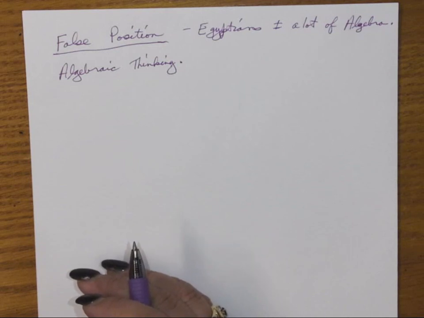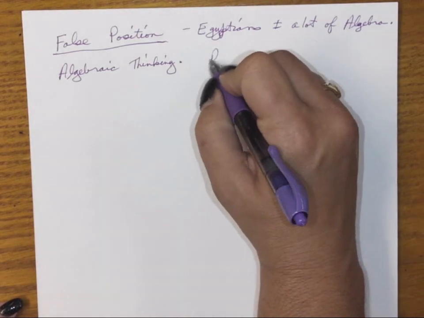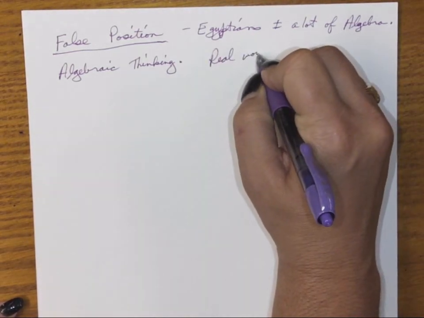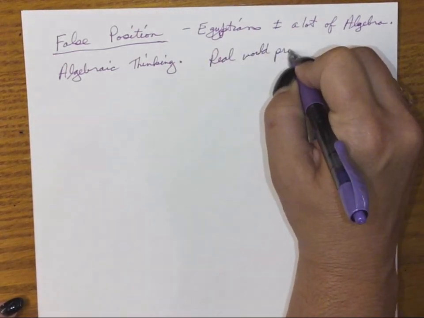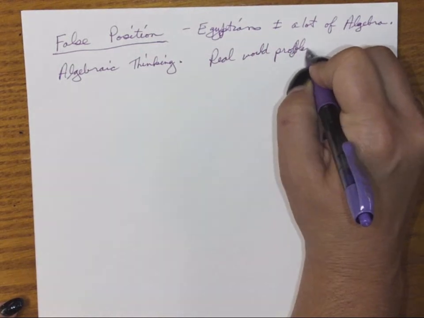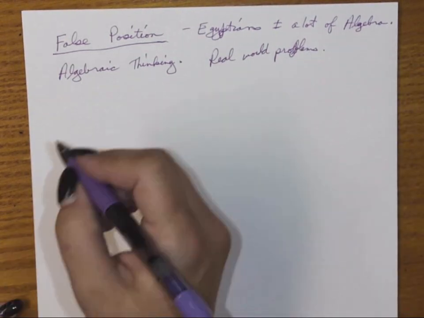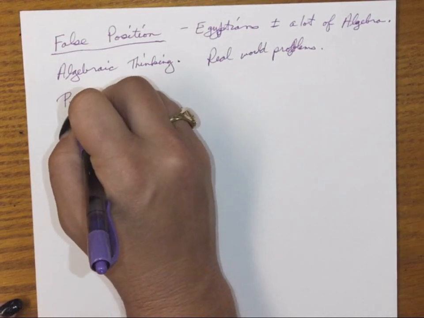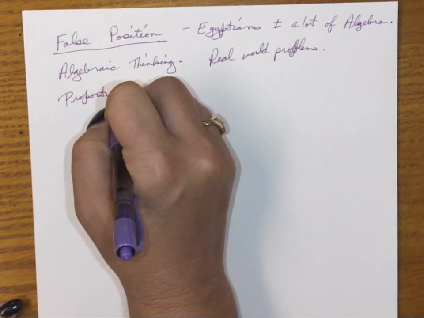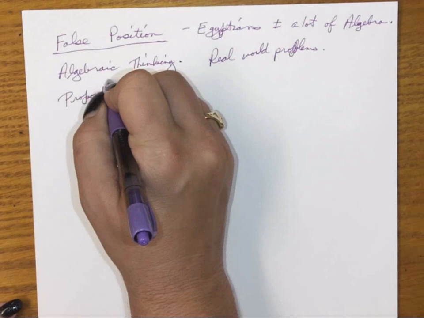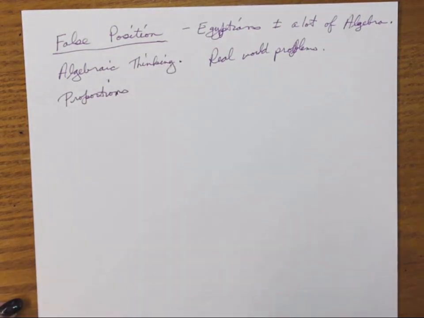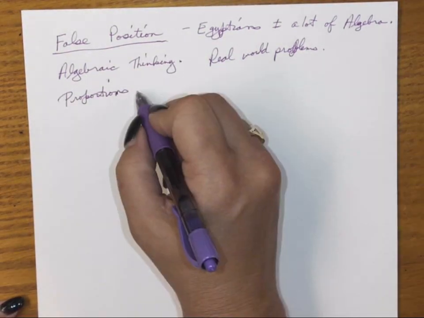They did a lot of real-world problems. A lot of times that ended up looking like proportions. Okay, and we'll see a lot of proportions when we get into Greeks. So proportional reasoning, proportional thinking, all of that.